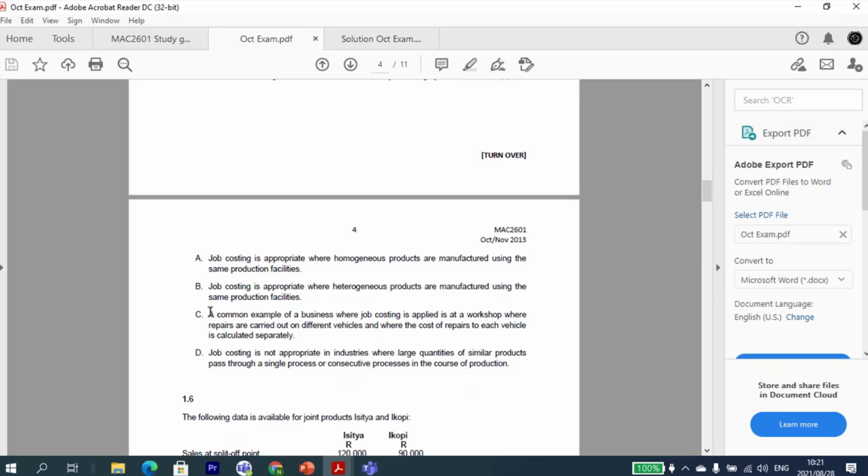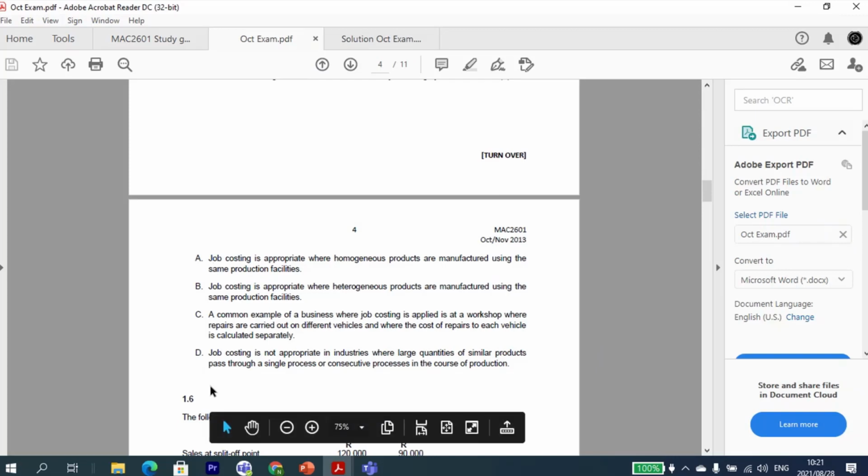C, a common example of a business where job costing is applied is a workshop where repairs are carried out on different vehicles and where the cost of repairs to each vehicle is calculated separately. Last option, job costing is not appropriate in industries where large quantities of similar products pass through a single process or consecutive processes in the cost of production. So which one out of these options is false?